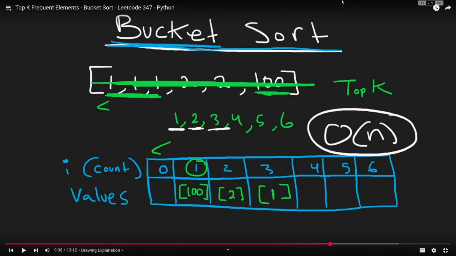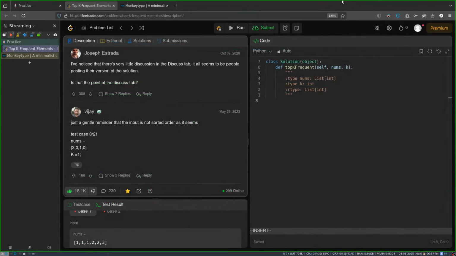Okay, so I need to make a dictionary. Okay, I got it. I think I understood. So I need to make a hash map, right? A hash map is a dictionary which has a key and value.